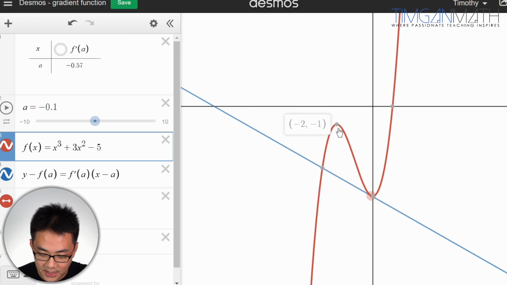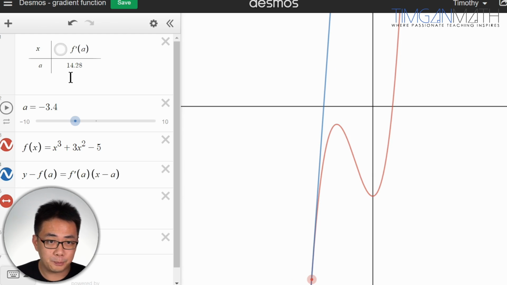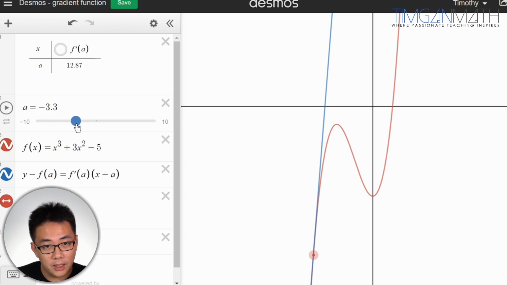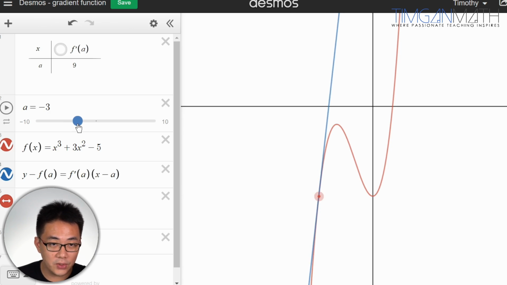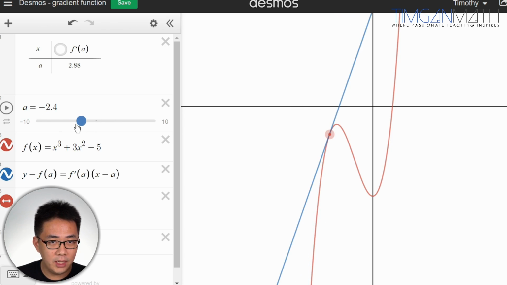So let's just look at this maximum point here. As usual, I want you to look at the gradient here. I start out at this point here. When I start with this point, you realize that my gradient is increasing, right? Is it increasing? Oh, it's actually decreasing, sorry. So from 11.52, if I move towards the right, as I move my A from minus 3.2, meaning on the x-axis here, if I increase it, my gradient is actually decreasing.